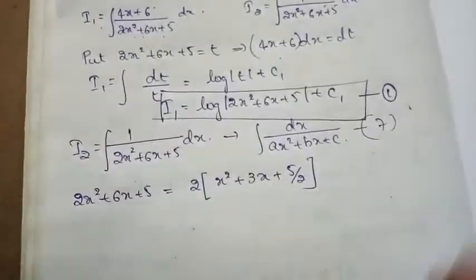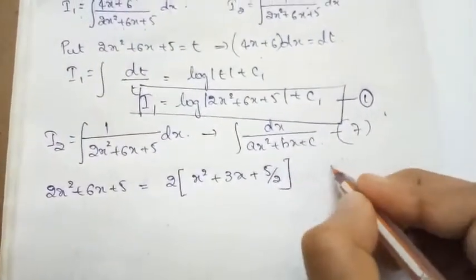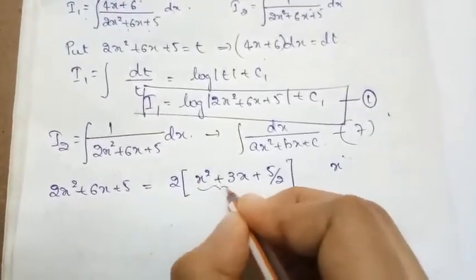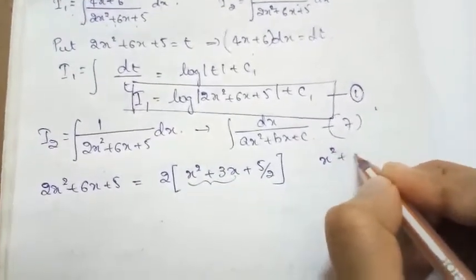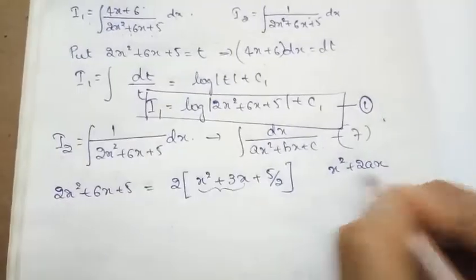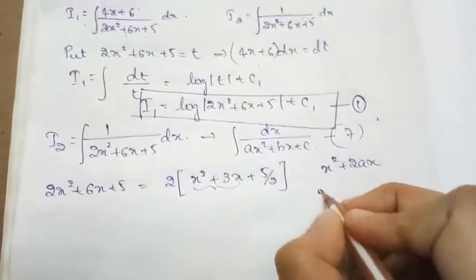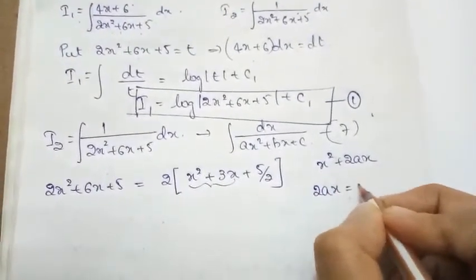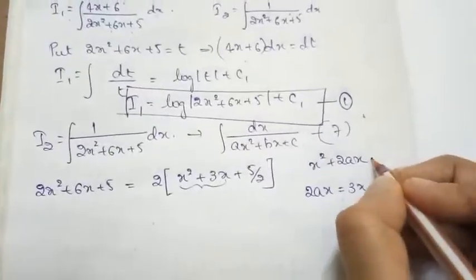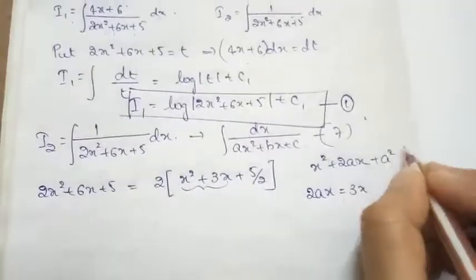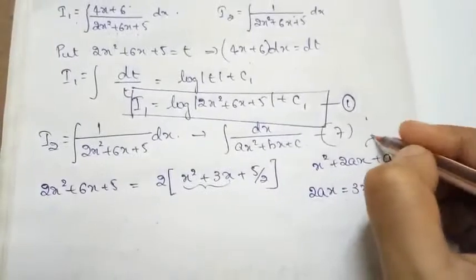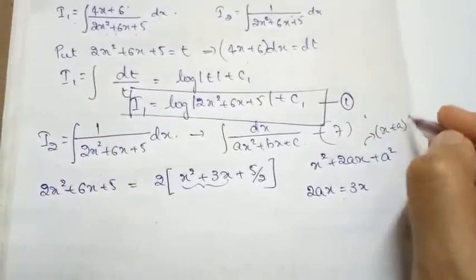After this one, completing the square process. So it is in the form of, if I consider these two, it will be like x square plus 2ax. In place of 2ax we are having 3x. So I am equating 2ax to 3x so that I can get the value of a square, so that it will be turned into which one? X plus a whole square.